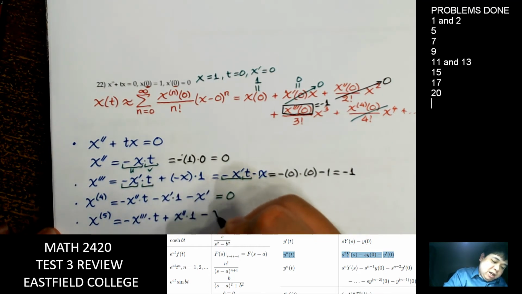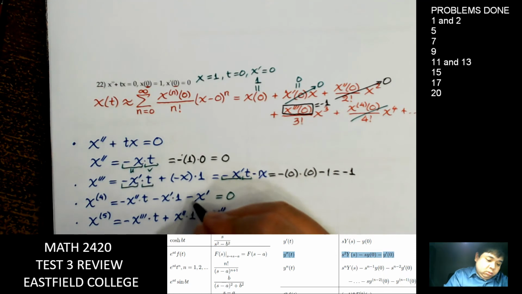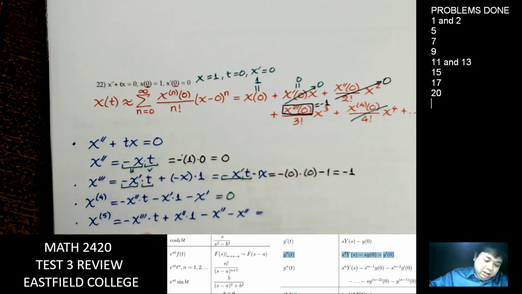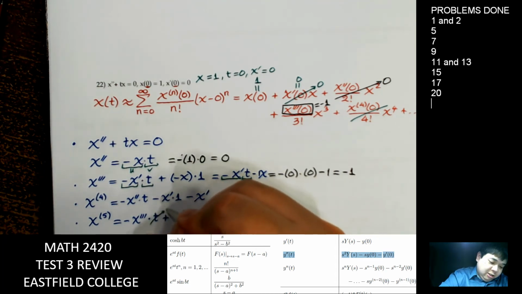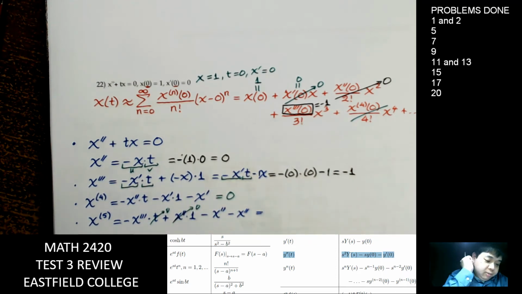This minus the second derivative, both of them 0. So we have t is 0, the second derivative is 0. All of these are 0 pretty much.